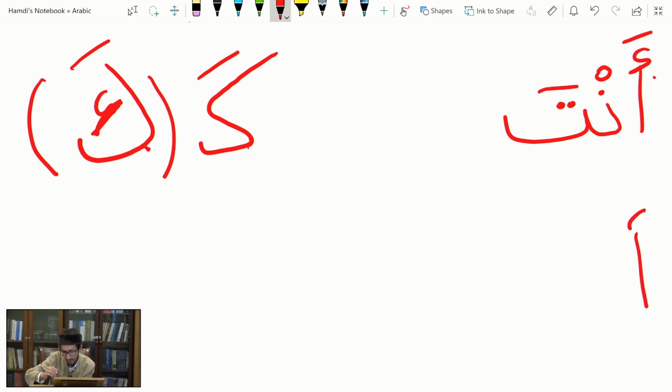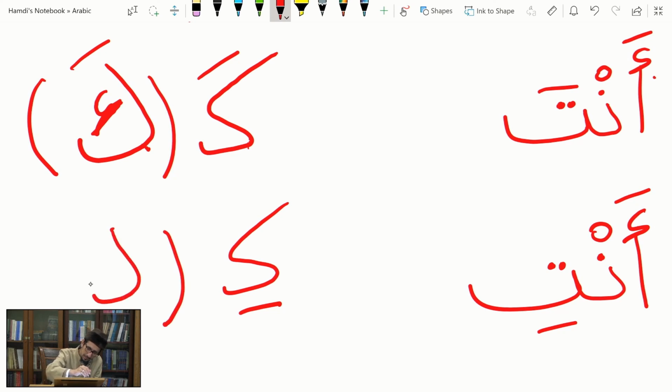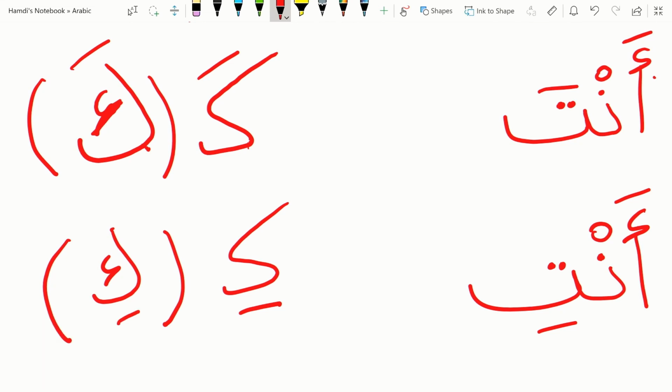For anti, you have ki. كتابك، لقيتك، أحبك. Voilà.